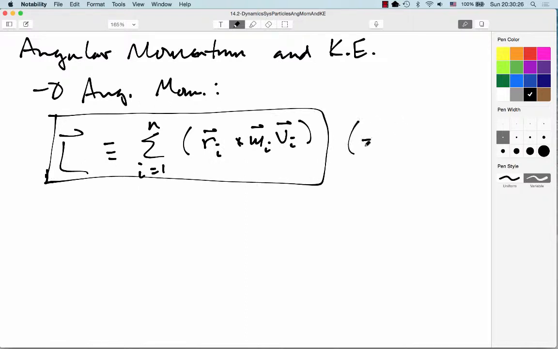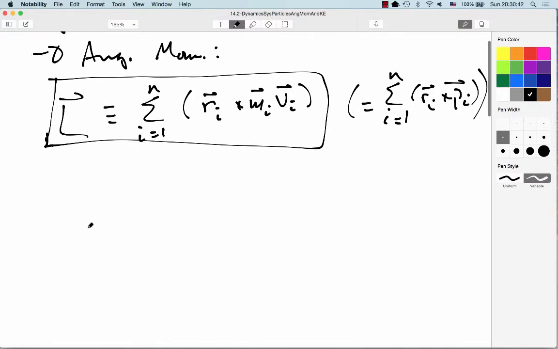And we can observe that that is also the same as the sum from 1 to n of r_i cross p_i. All right. So with that thought, let's go ahead and find L dot. I'll suppress the i equals 1 to n and just say sum over i.